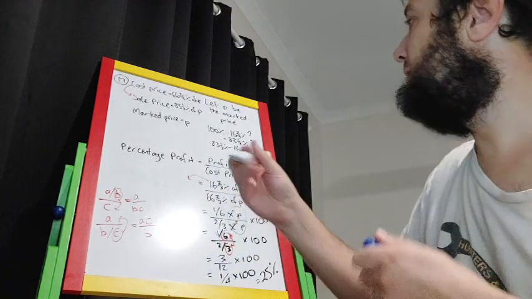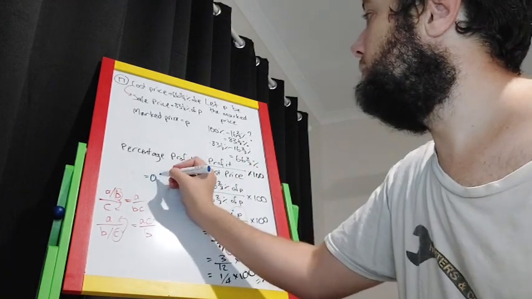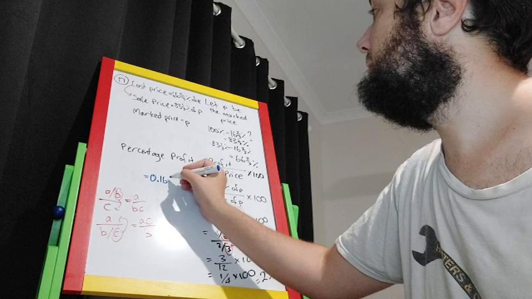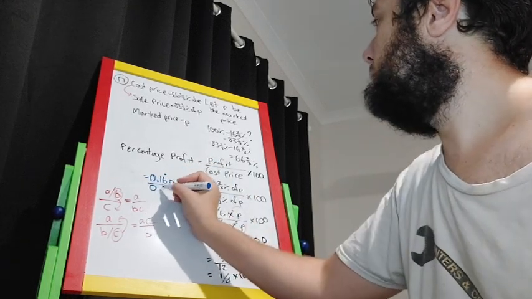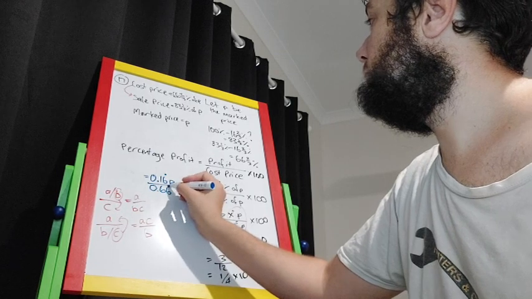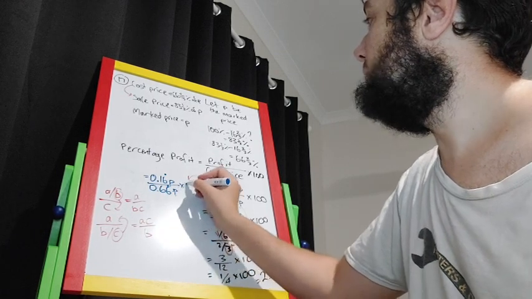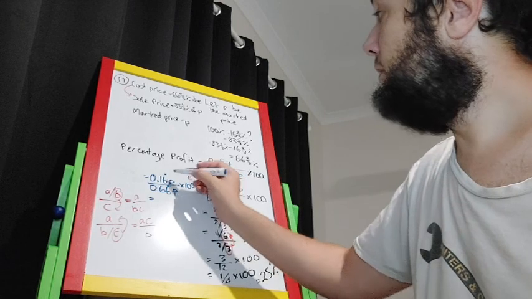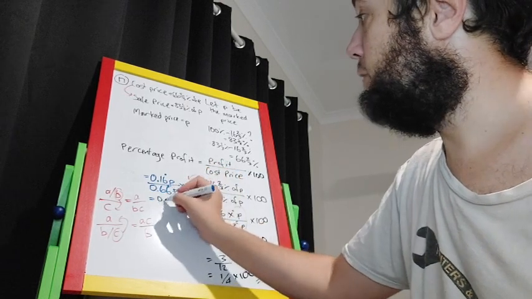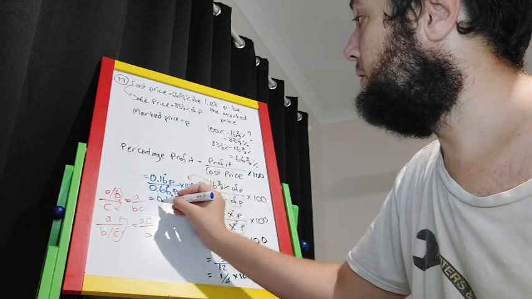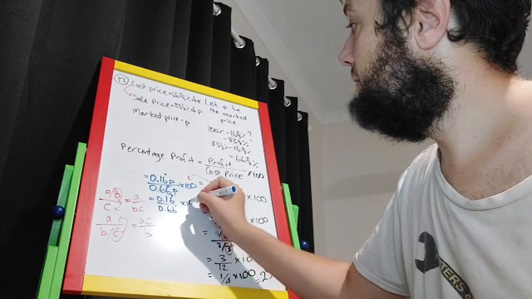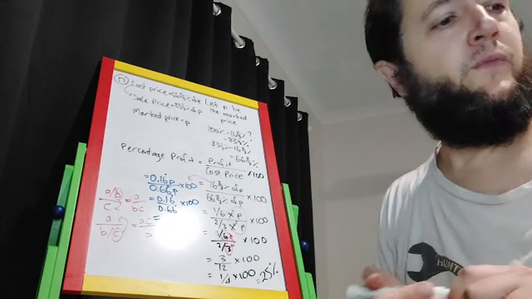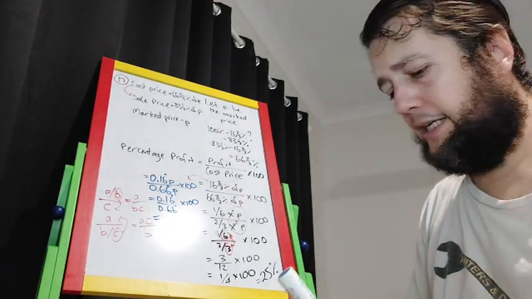If I turn that back here into decimals, I would have got 0.16 recurring over 0.66 recurring times 100. The p's still cancel out. You could then put that in your calculator.